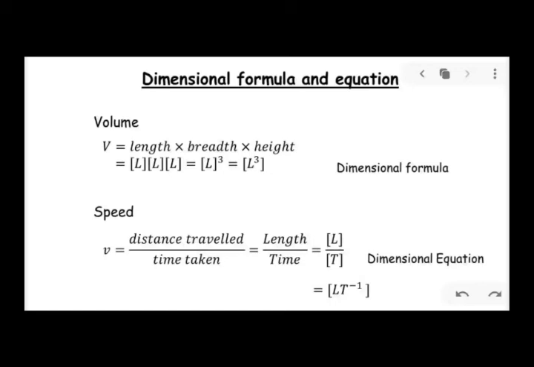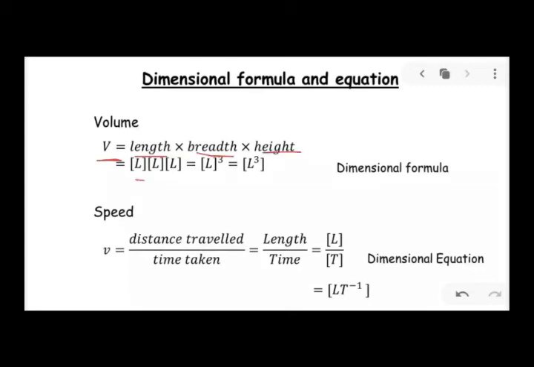Let us go to the dimensional formula or equation. What does the dimensional formula mean? Dimensional formula is the basic representation of any physical quantity in terms of your fundamental quantities. Suppose you have volume. Volume is measured by length, breadth and height. All these have a unit.